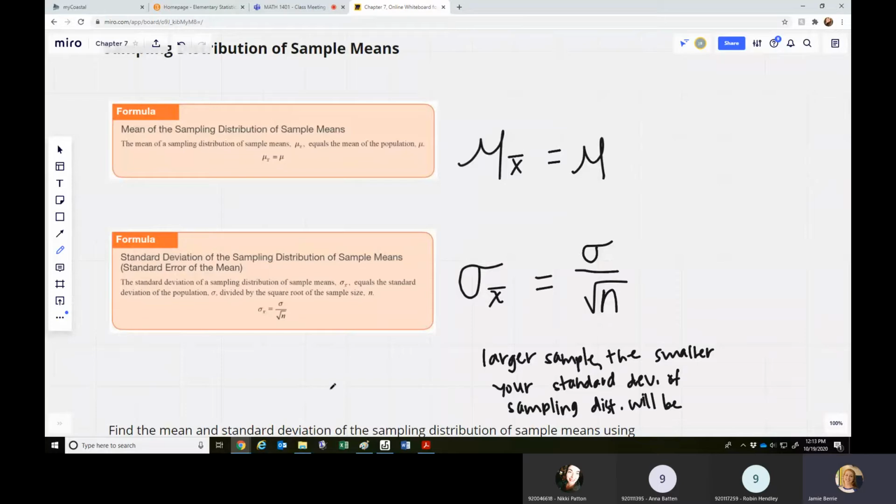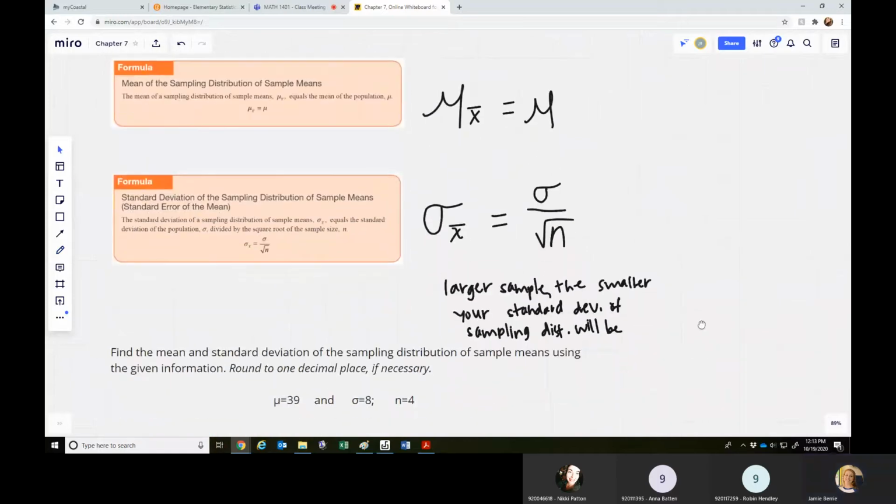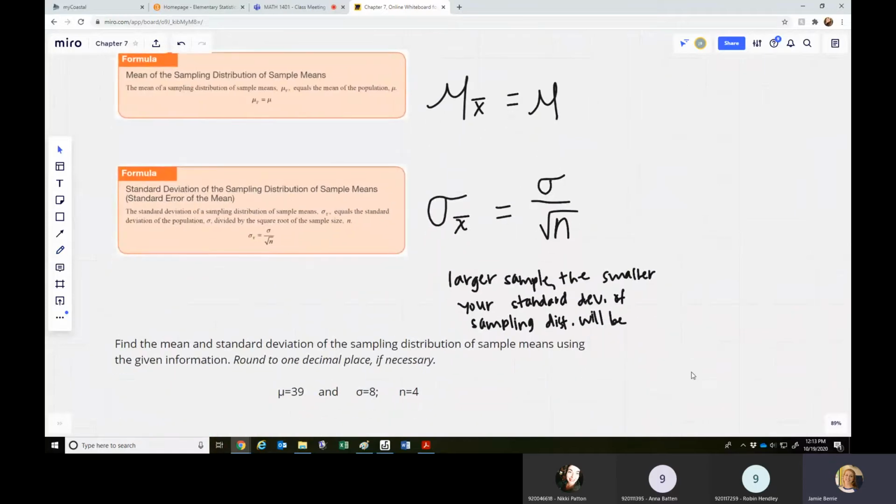The larger your sample is, so the larger your value of n is, the smaller your standard deviation of your sampling distribution will be. So dividing by the square root of n is really rewarding you for choosing a larger sample, because it's going to make your standard deviation smaller, which is good. You want to have a small standard deviation if you can, because that means that all of your values are close to the mean.